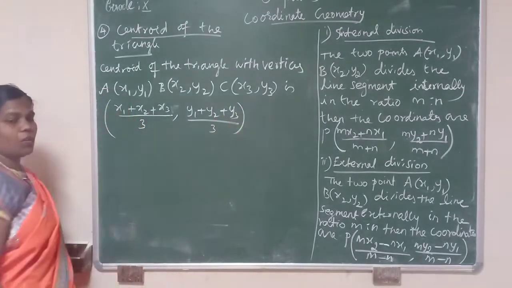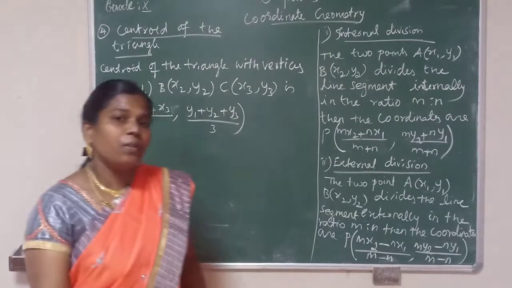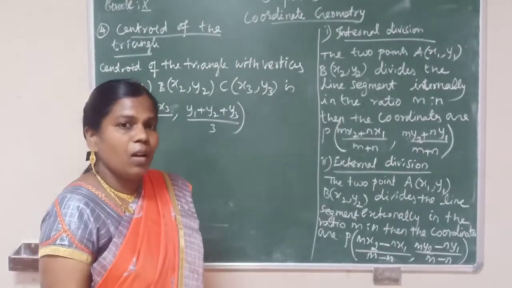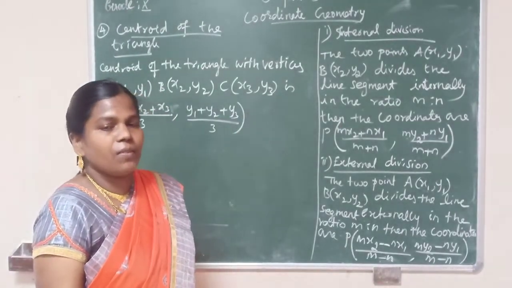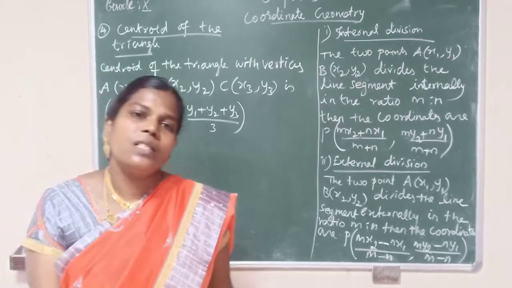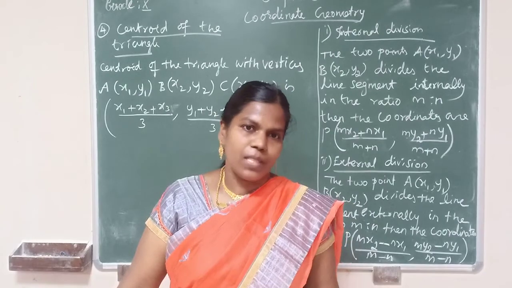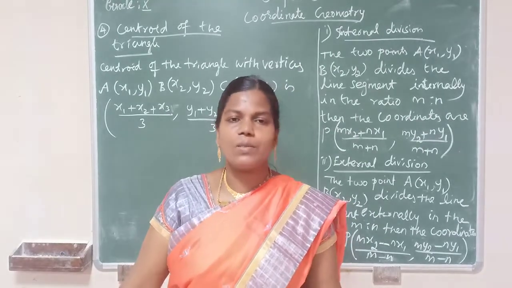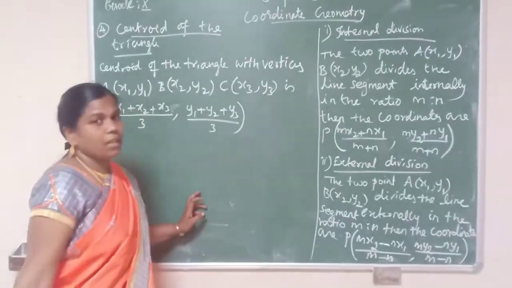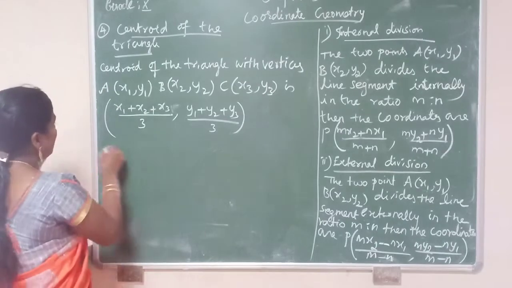So when three vertices are given and they ask to find the centroid of the triangle, you have to use this formula. Next we are going to study the formula for area of triangle.